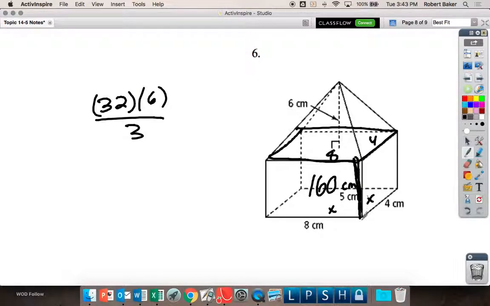I told you that one of the main things is understanding what you see. 32 times 2 is 64 cubic centimeters, the volume of the top of your house, your attic. So the entire answer is 224 cubic centimeters.